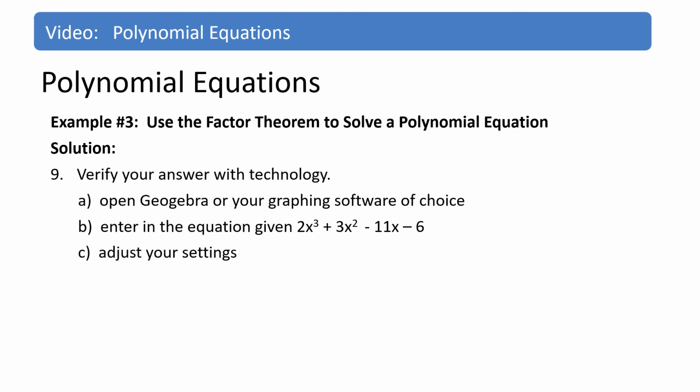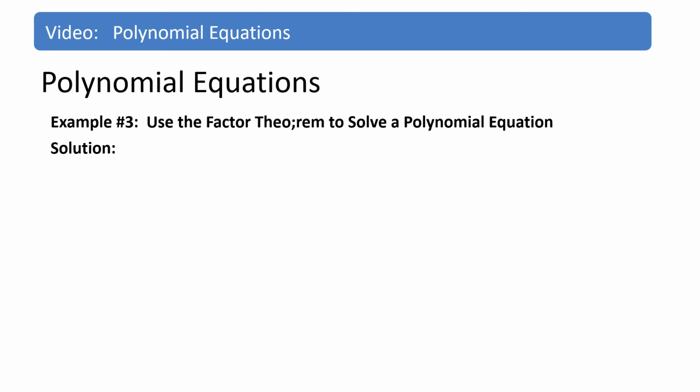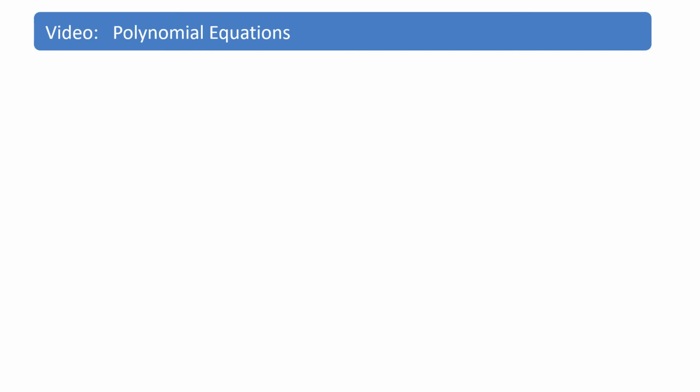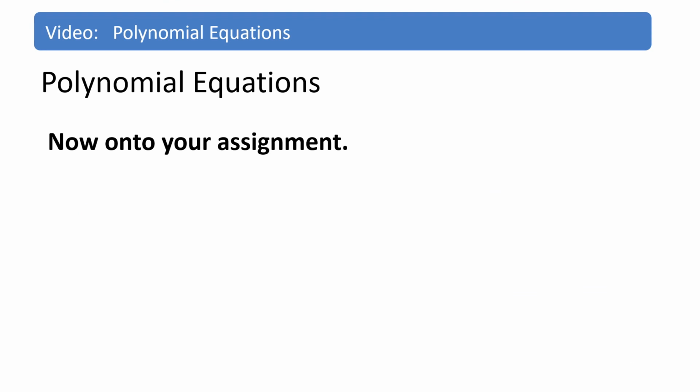We're going to adjust our settings, and we will see the result. And notice that the graph intersects the x values that match what we have algebraically determined them to be. Now on to your assignment.